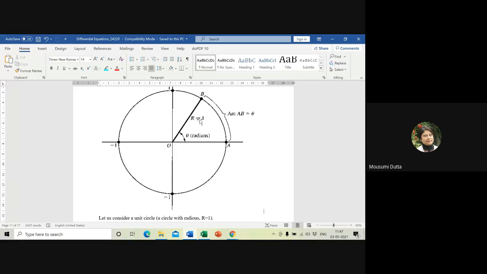So if you change the time, v remaining fixed, your length of the arc is changing.